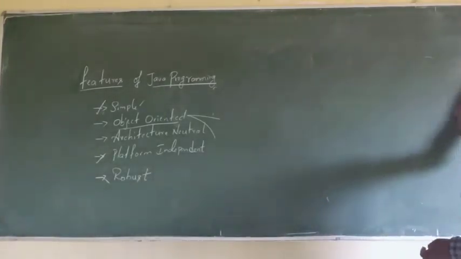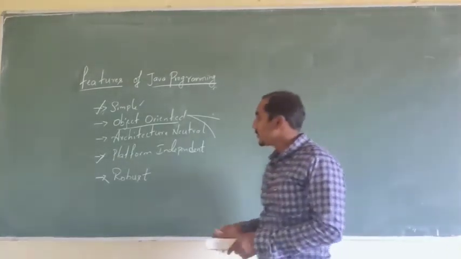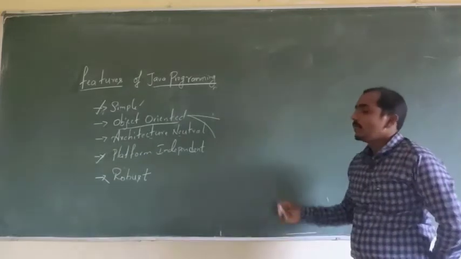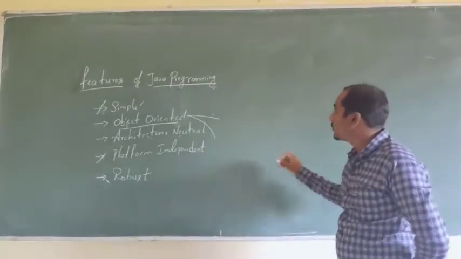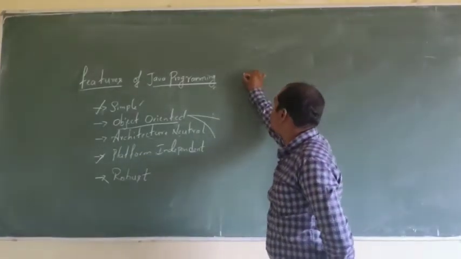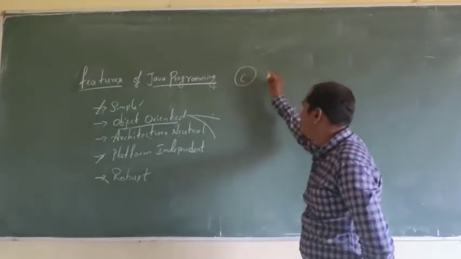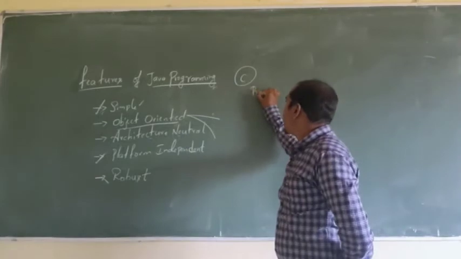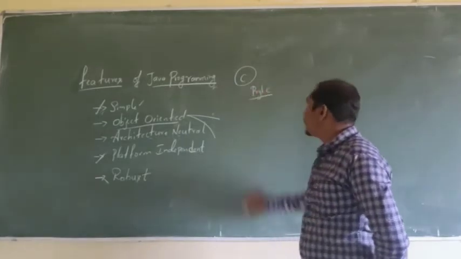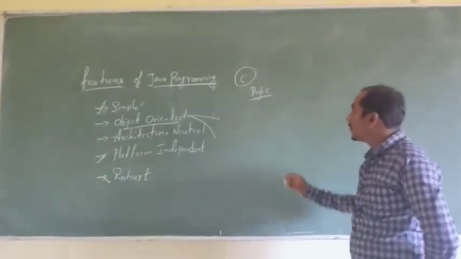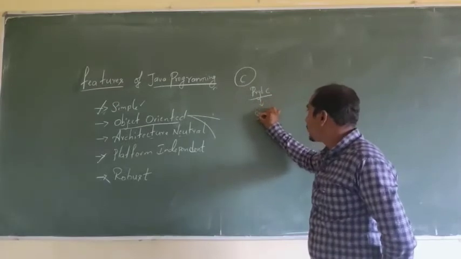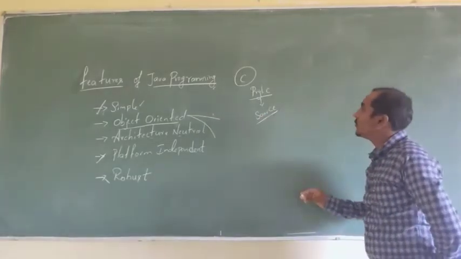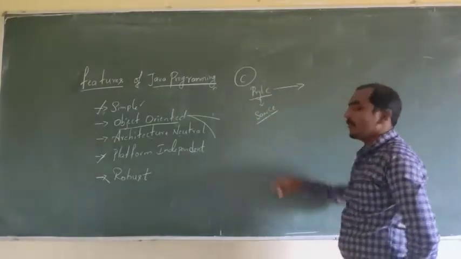Next we will discuss one more topic, which is architecture neutral as well as platform independent. For these two topics, first I am going to explain what we do in C programming. When you consider C programming, if you write any program like program1.c, the actual program is called the source. This source is the actual program you have written.